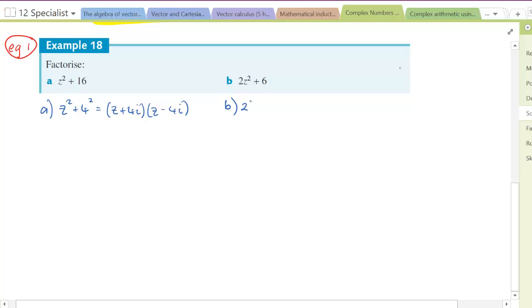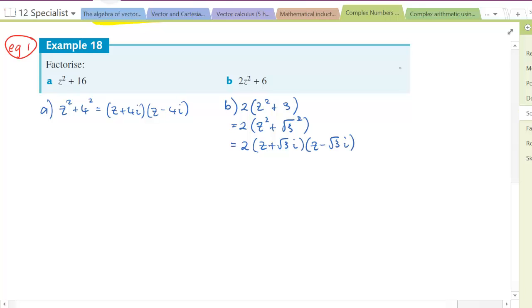We can say that's 2 multiplied by z squared plus 3, and that would be the same as saying z squared plus square root of 3 squared. And so that factorizes as 2 times z plus root 3i and z subtract root 3i.